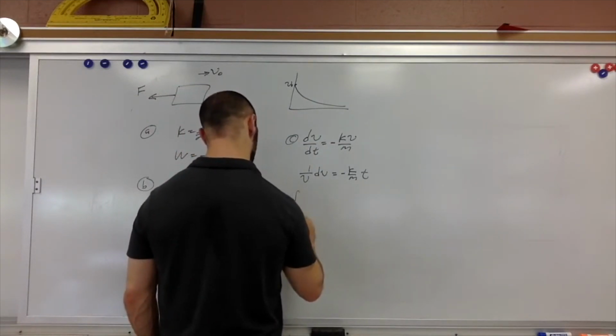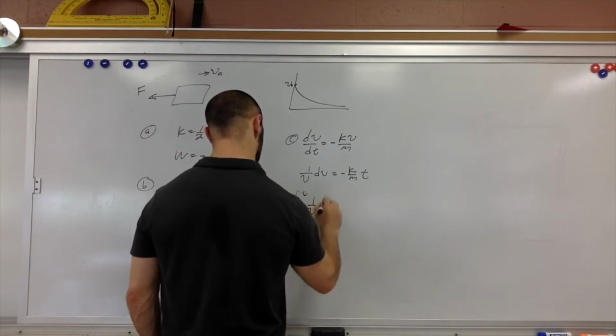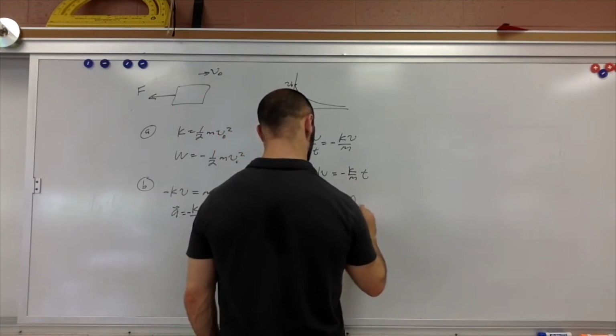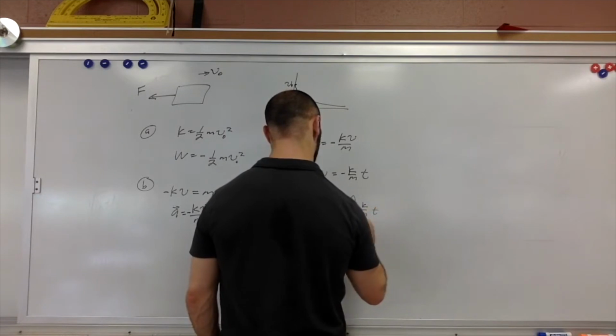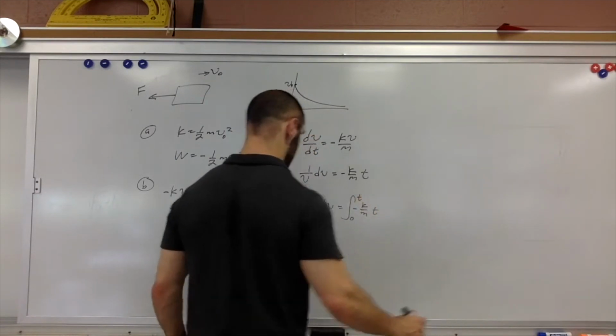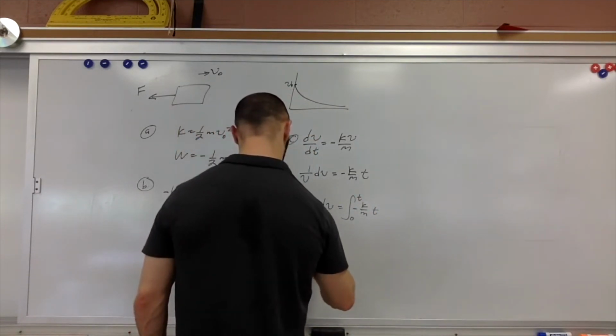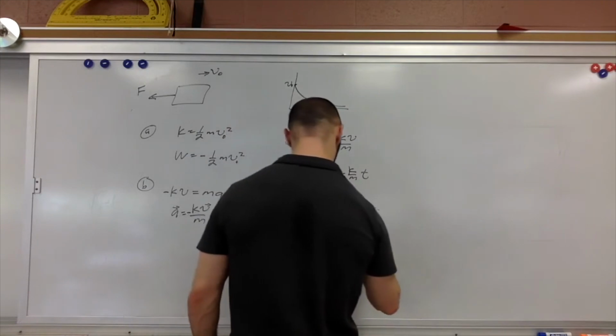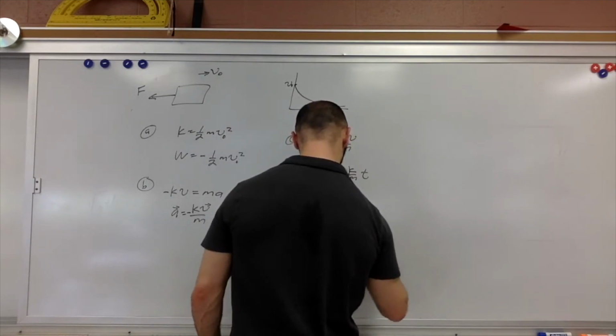So now I have to take the integral from 0 to v of 1 over v dv, and that's equal to the integral of negative k over m dt from 0 to some later time t. This becomes natural log of v from 0 to v, and this is negative k over m t.